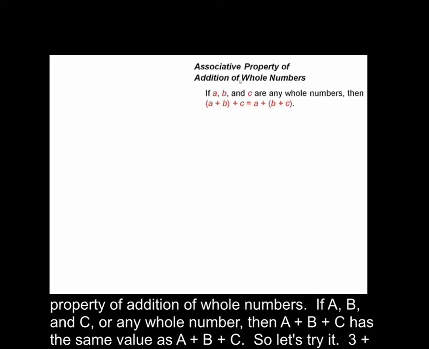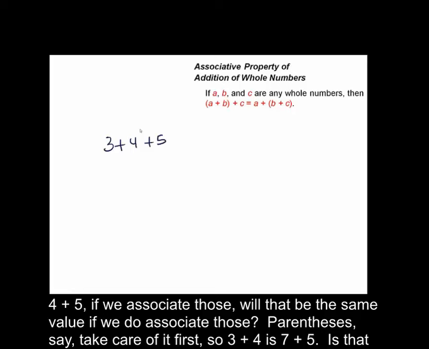Associative property of addition of whole numbers. If A, B, and C are any whole number, then (A plus B) plus C is the same value as A plus (B plus C). So let's try it. 3 plus 4 plus 5. If we associate those, will that be the same value?